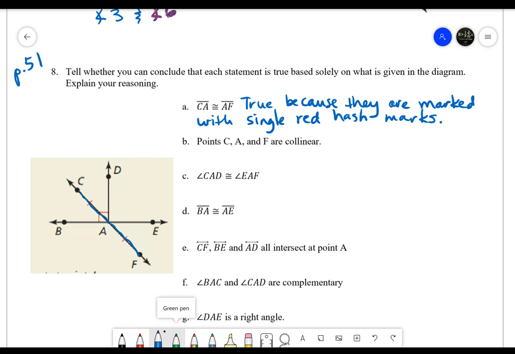And so that means they are exactly the same. Now, are points C, A, and F collinear? Here's C, here's A, here's F. Yes. And then explanation means you basically explain what collinear is. Yes, since they are all on the same line.